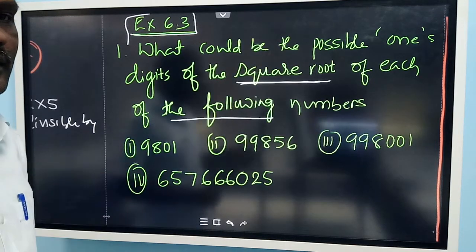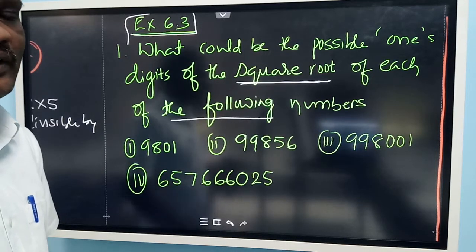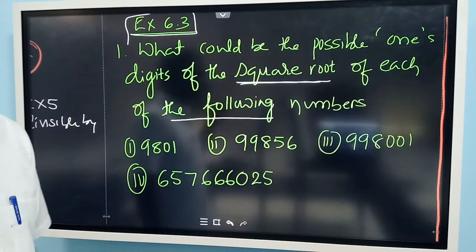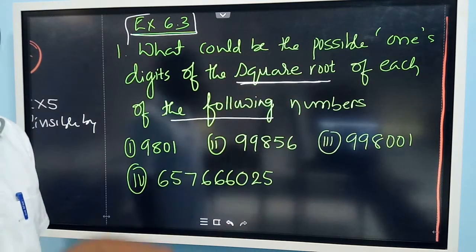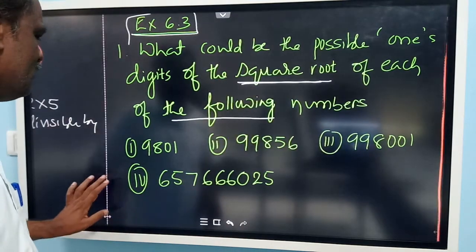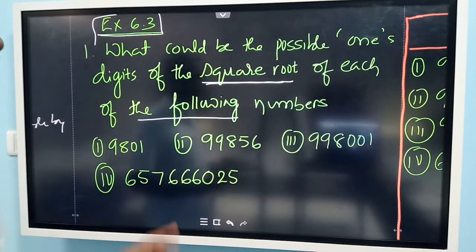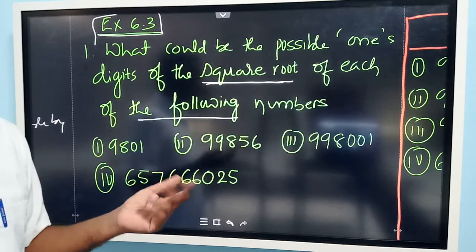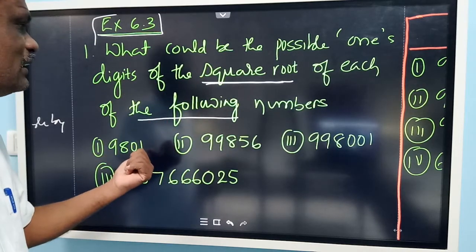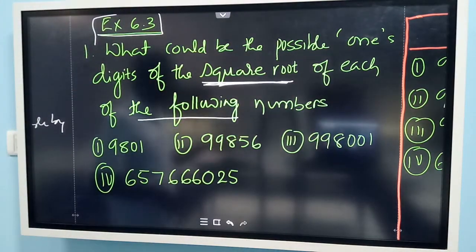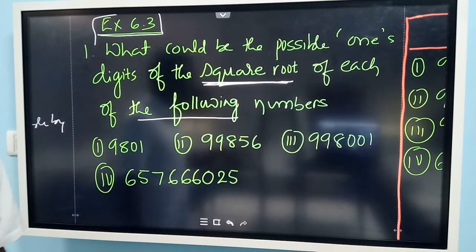So you have to recall the property of square numbers. When you are squaring a number, what are the digits in the units place you will get? That you have to recall, and the reverse process you have to apply. Suppose 1 is the units digit, for what number should you square so that its units place digit becomes 1? Because we want to find the square root, it is the reverse process of squaring.